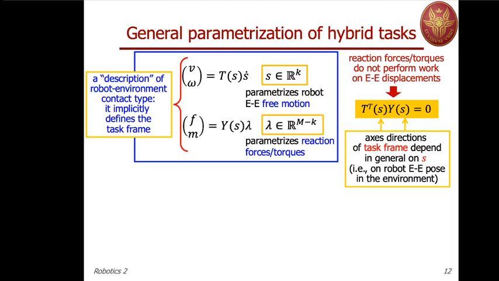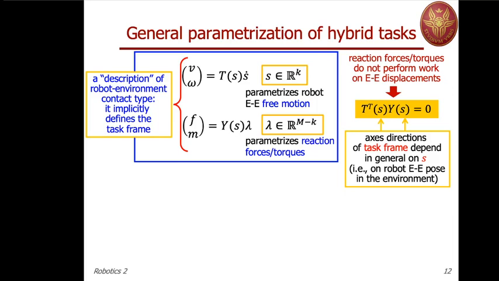So now to the general parametrization of the hybrid task. Through the task frame, we are implicitly describing the type of contact, so the feasible motion, and this will be parameterized by a set of variables which we collect in S, and S dot will be the parameterization of the speed.